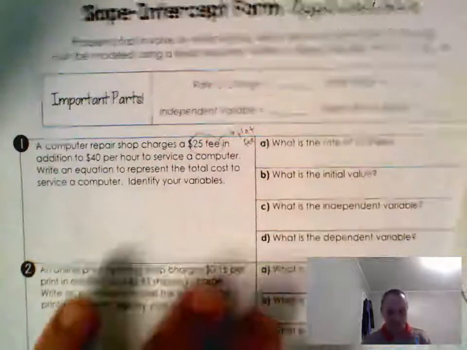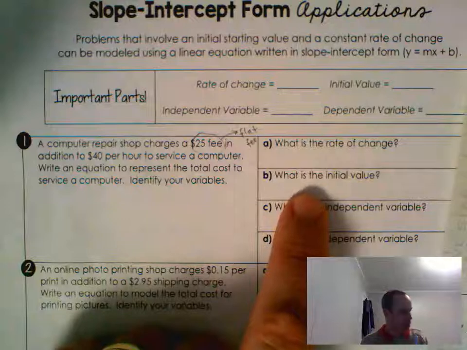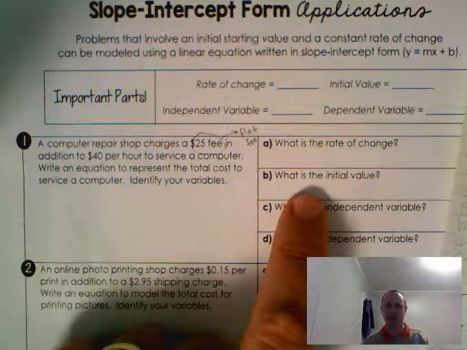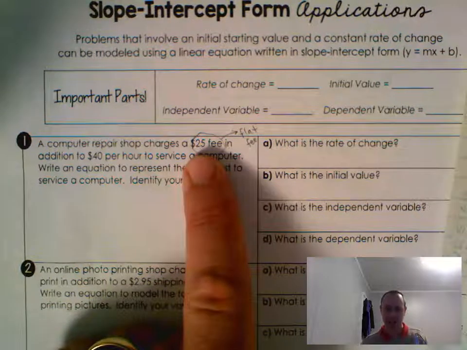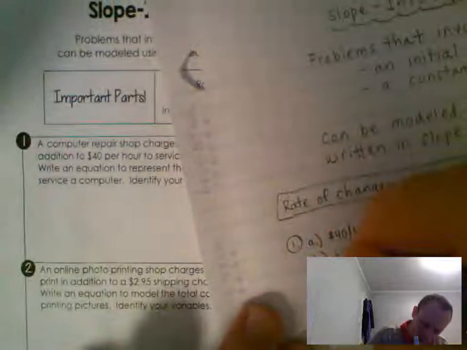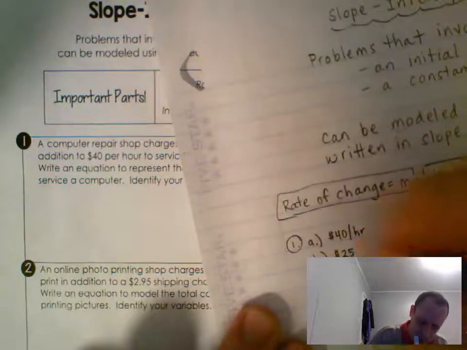All right, B, what is the initial value? That's the number we start with, the very first number, no matter what they do to your computer. If they even see your computer and do anything to it, that's $25. So the initial value is 25.